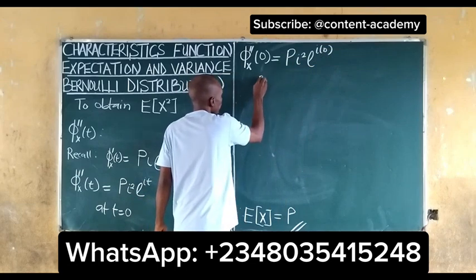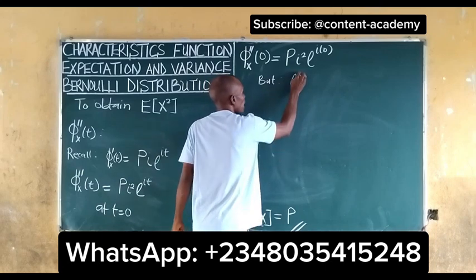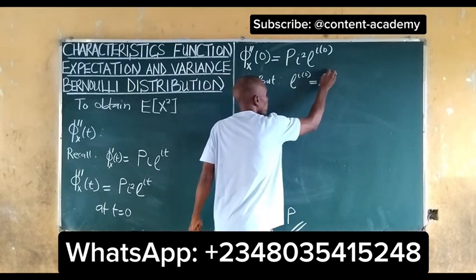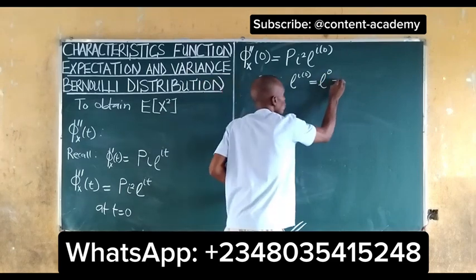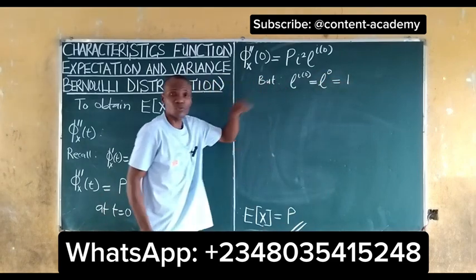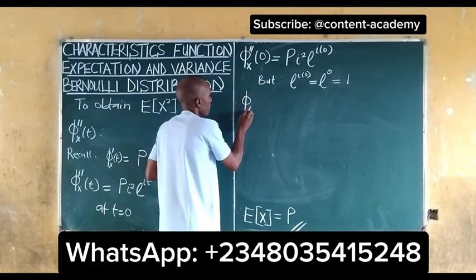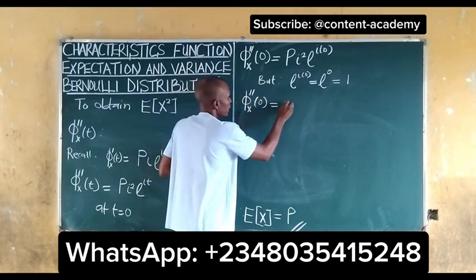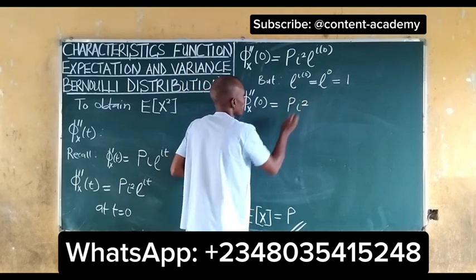Of course, we know that from indices e^(i0) is equal to e^0, and anything raised to the power of 0 is equal to 1. So this is what we get. It then means that our second derivative of the characteristic function will now give us p i squared.